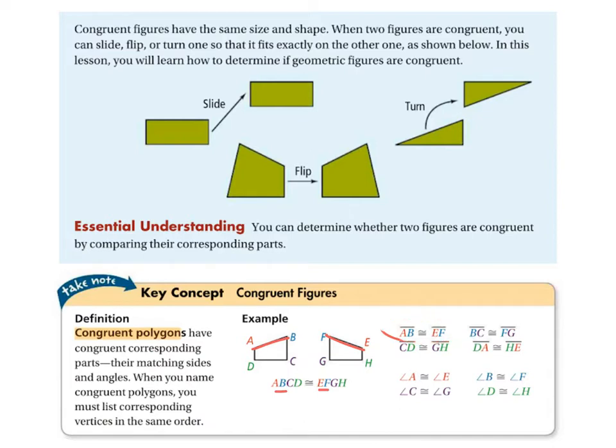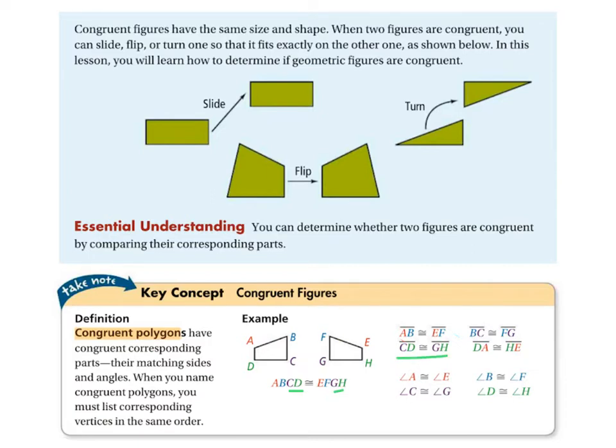And we can then run through the name if we've got all the vertices lined up correctly. Side BC corresponds with side FG, right there, okay? And we can do this all the way around. Here we got CD, side CD corresponds to side GH, this right here.